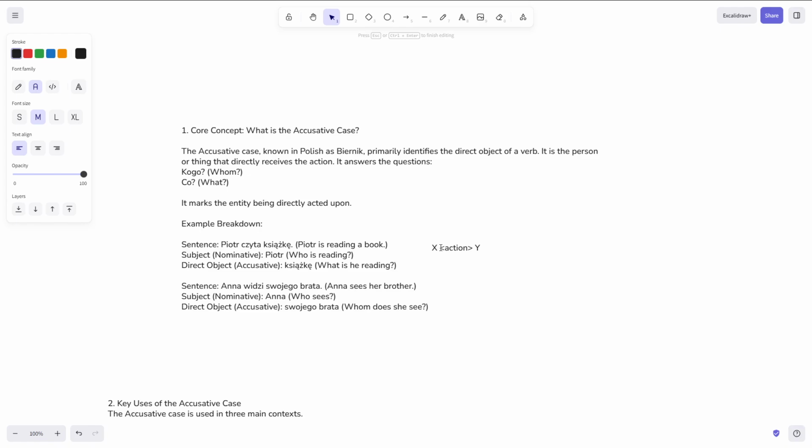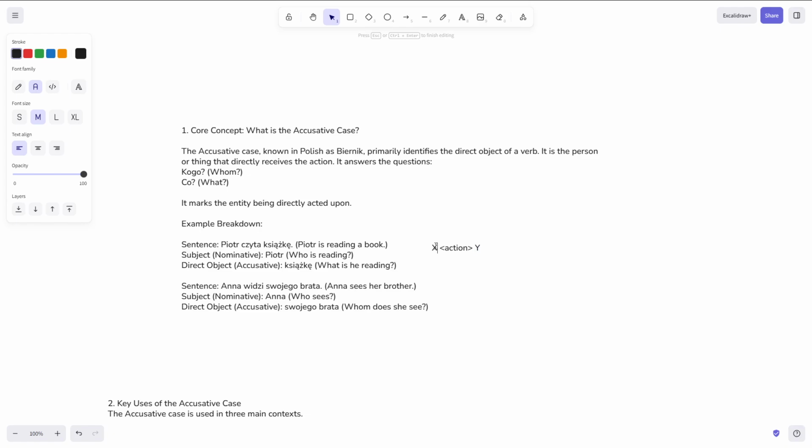So Piotr is X. Then Piotr performs the action of reading. Piotr czyta. Okay, and then the Y will be the one that receives being read. You can kind of think about it in this way, okay? So someone acts in a certain way on the object or on someone. So Y is our book, and since it receives the action of Piotr, it needs to be in accusative.